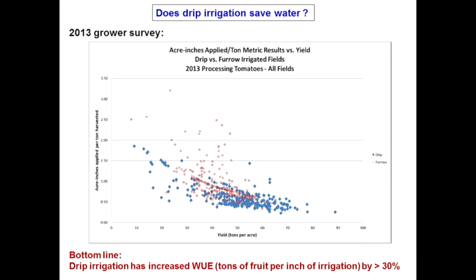There's outliers too, but the bulk of it is occurring right in here. So high yields, reduced water use, in terms of that metric of tons produced per inch of water. And we can see that in the case of the furrow systems, it's much more variable.